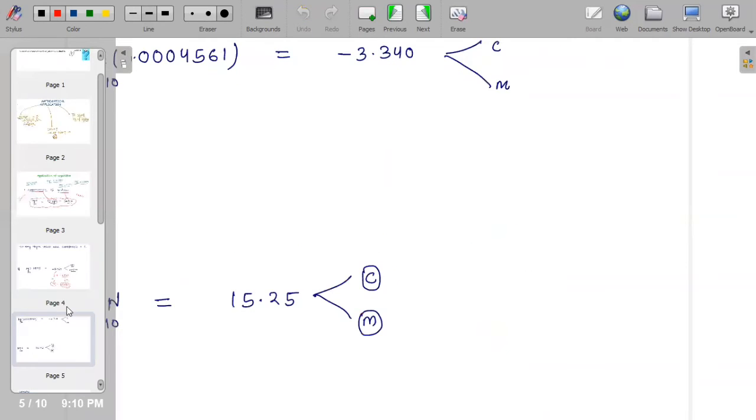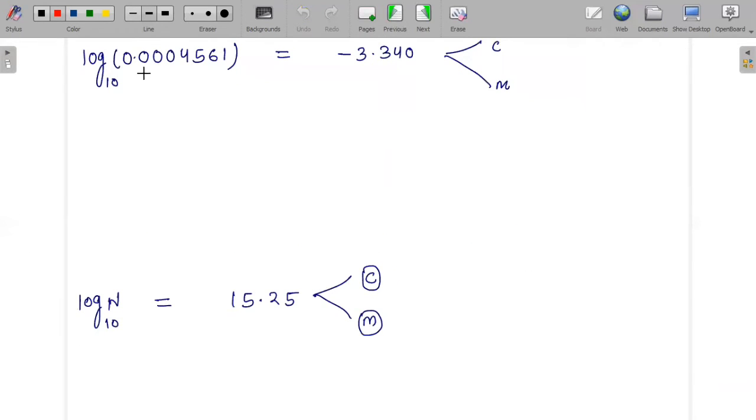Let's take another example. Here we have a number n to the base 10, equal to negative 3.340. If I ask you about the characteristic and mantissa, this time, instead of breaking this number into negative 3 plus negative 0.340, you have another way to represent it: negative 4 plus, how much will it be?